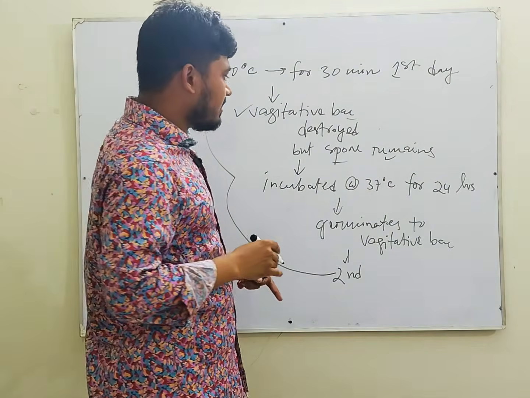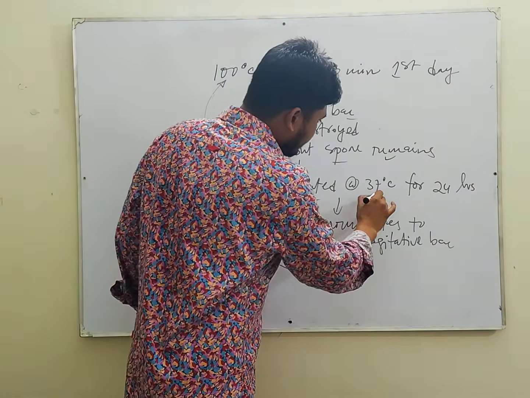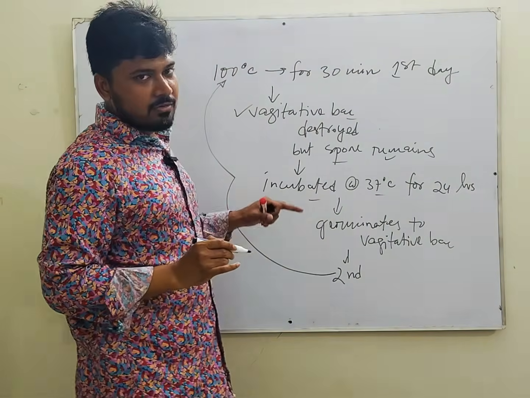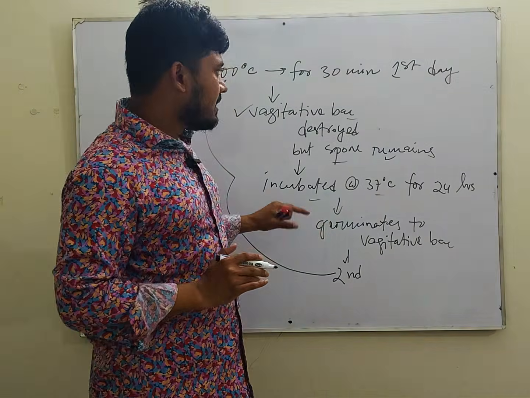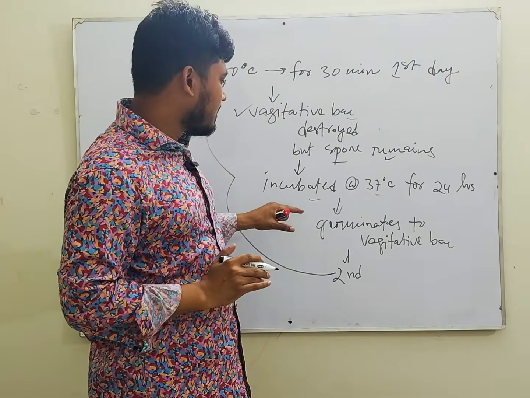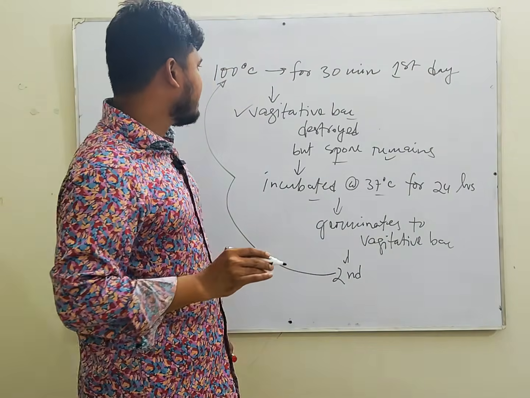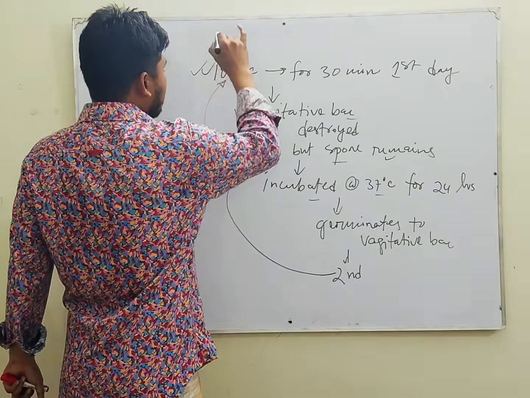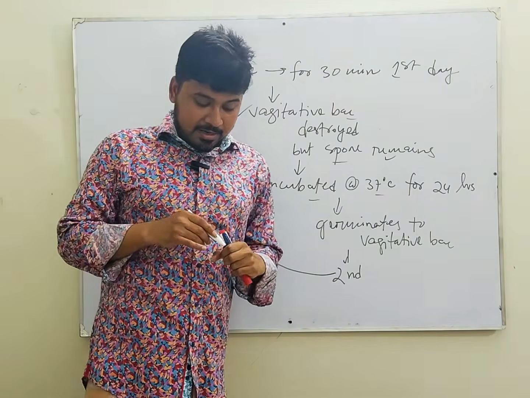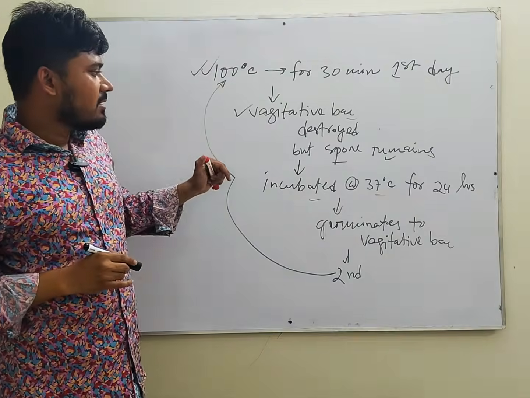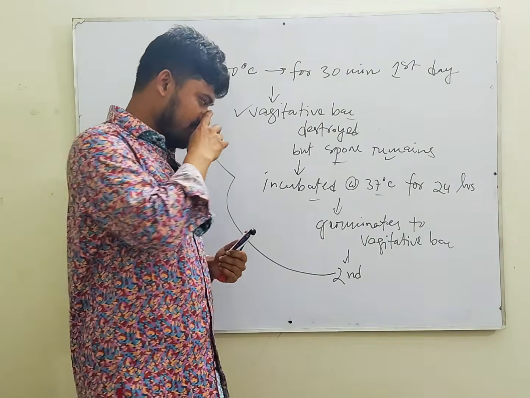And after second day heating, it is again incubated at 37 degree centigrade temperature for 24 hours. And on third day, all the remaining spores are germinated to vegetative bacteria. And on third day, third time heated at 100 degree centigrade temperature for 30 minutes. And after third day, the materials, the instruments are completely sterilized.